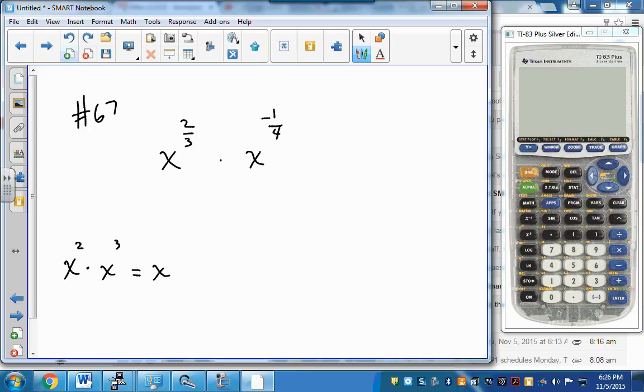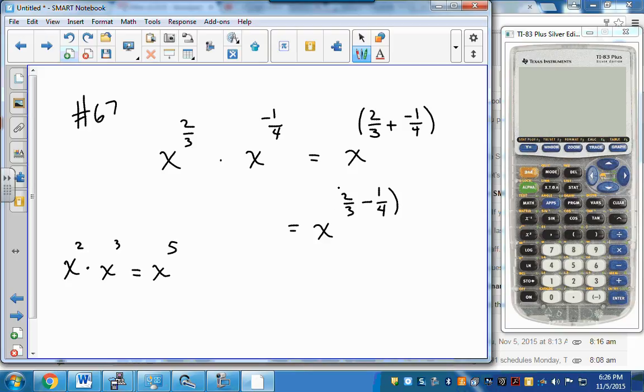You would add the exponents up. So we're going to do the same thing here. We're going to add these exponents. This becomes x to the 2/3 plus a negative 1/4, or better yet, x to the 2/3 minus 1/4.